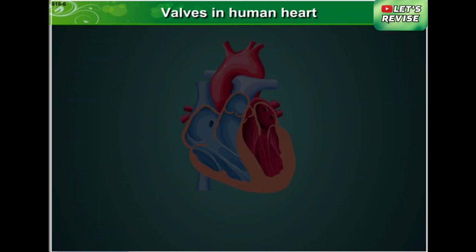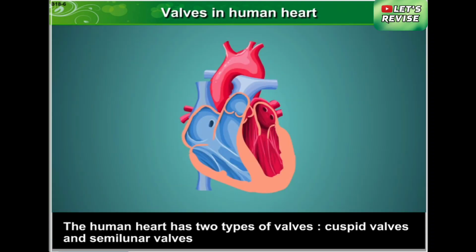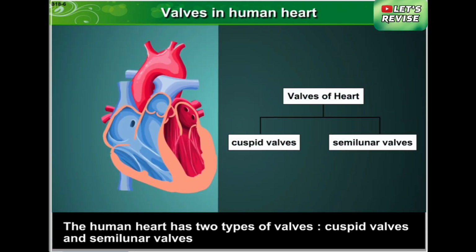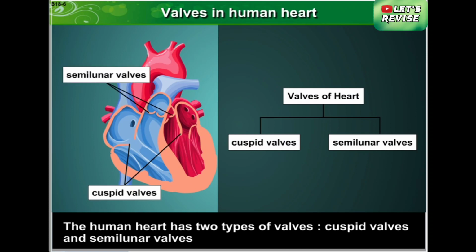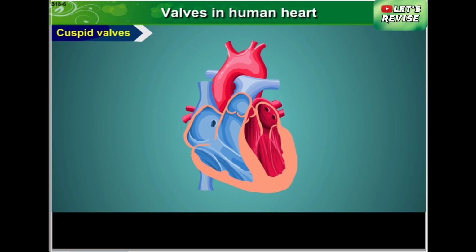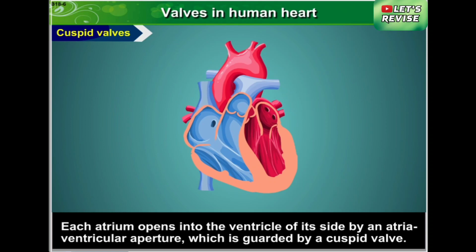Valves in human heart. The human heart has 2 types of valves: cuspid valves and semilunar valves. Cuspid valves. Each atrium opens into the ventricle of its side by an atrioventricular aperture, which is guarded by a cuspid valve.